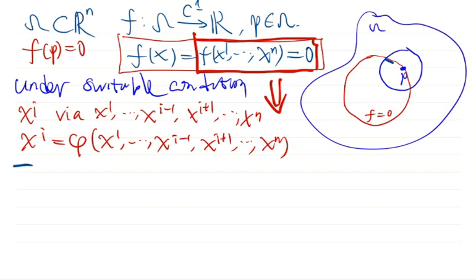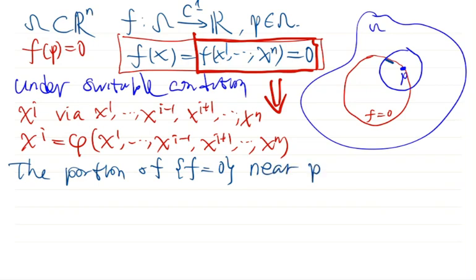The portion of this set f equal to 0 near P is a graph of this C1 function phi. This is the content of the implicit function theorem that we will establish later, but we use this fact here.